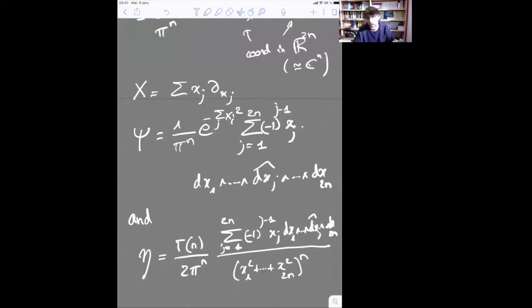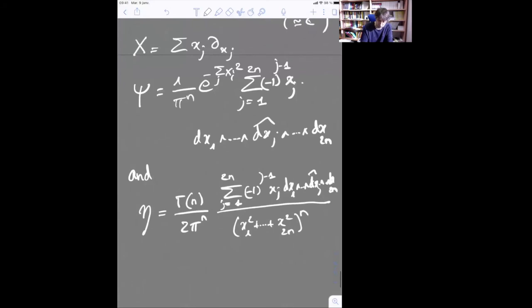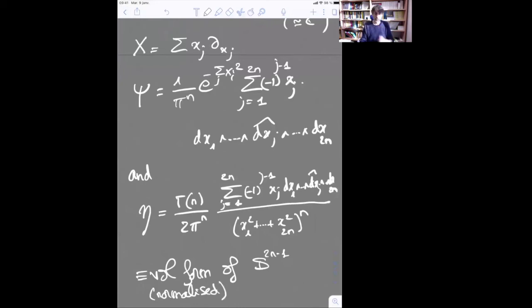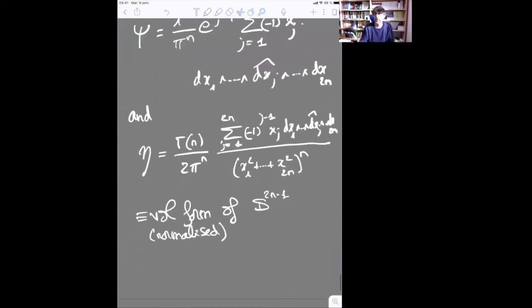And this is just the volume form of the sphere, normalized to volume 1. So on the fiber, it really represents the fundamental class of Sn minus 1, and since it's G equivariant, we are done. So we are done with the proof.